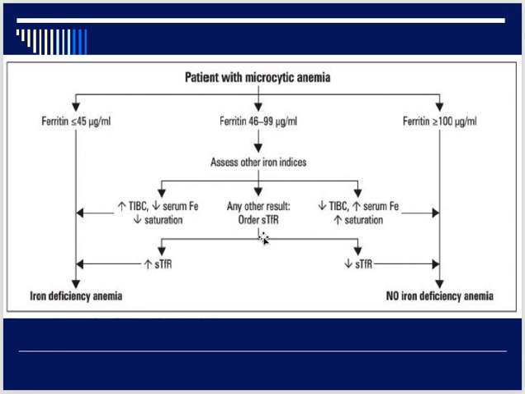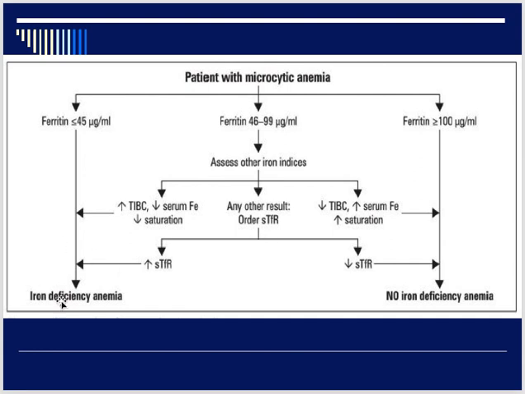A patient comes and you find signs and symptoms of anemia. You order a CBC, you find MCV is low, so it is microcytic, and MCH is low, which means it is hypochromic. So you order iron studies, and you find there is less iron, less ferritin, increased total iron binding capacity, and decreased saturation.